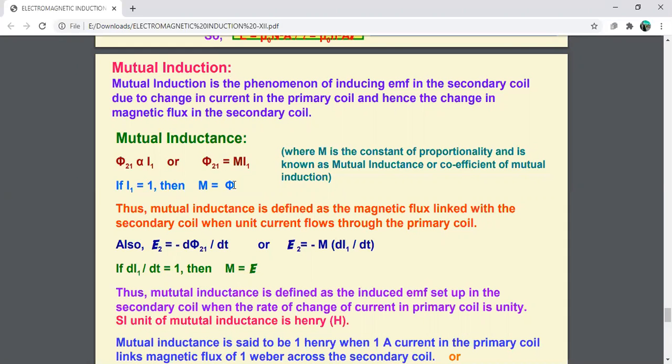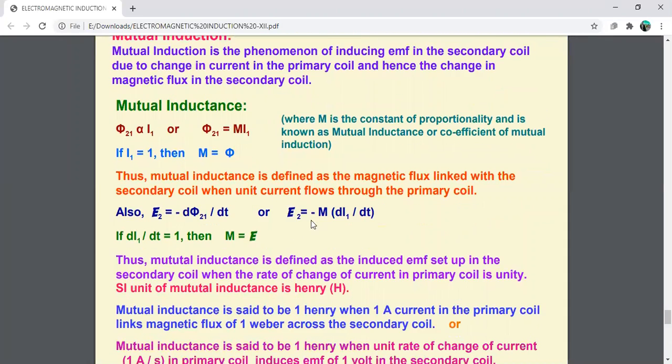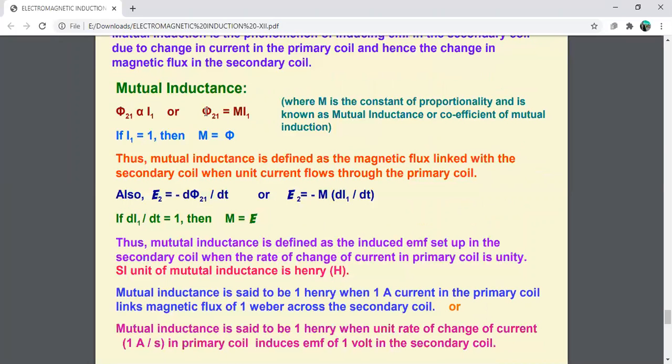And in second terms, according to Faraday's law, if you differentiate this flux with respect to time, then d phi 21 by dt equals d(M I1) by dt. As M is constant, M can be taken out of the differential operator. So here it will be M into dI1 by dt.